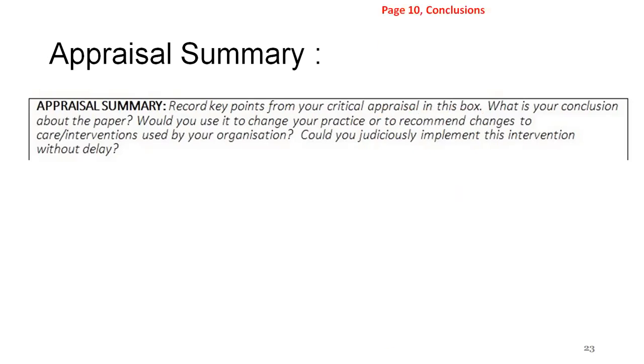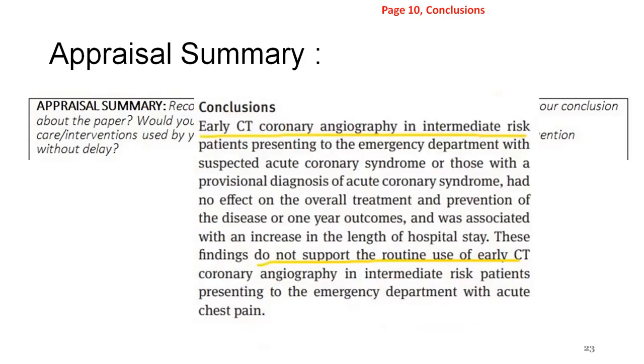If you go to page number 10, the conclusion section clearly says that early CT coronary angiography in intermediate risk patients presenting to the emergency department with suspected acute coronary syndrome, or those with a provisional diagnosis of acute coronary syndrome, had no effect on the overall treatment and prevention of the disease or 1 year outcome, and was associated with an increase in the length of hospital stay. This finding doesn't support the routine use of early CT coronary angiography in intermediate risk patients presenting to the emergency department with acute chest pain.